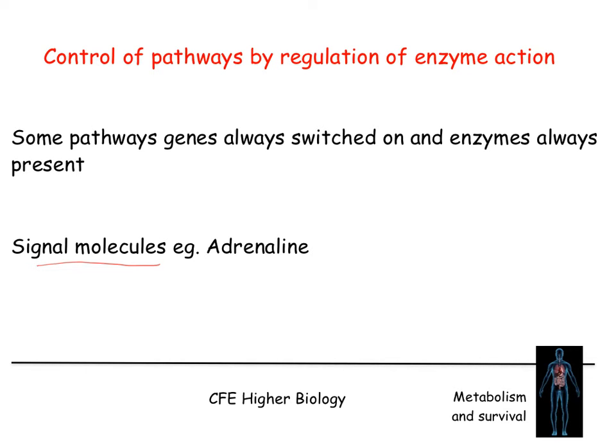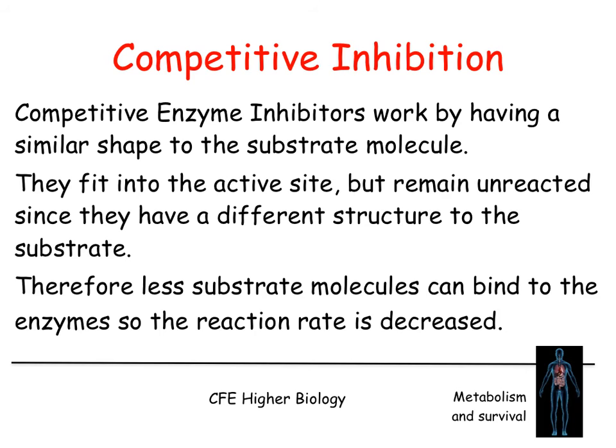And other things that can affect enzyme action are inhibitors. An inhibitor is something that decreases the rate of an enzyme controlled reaction. The first type of inhibitor we're going to look at is a competitive inhibitor, and it works by having a similar shape to the substrate molecule.